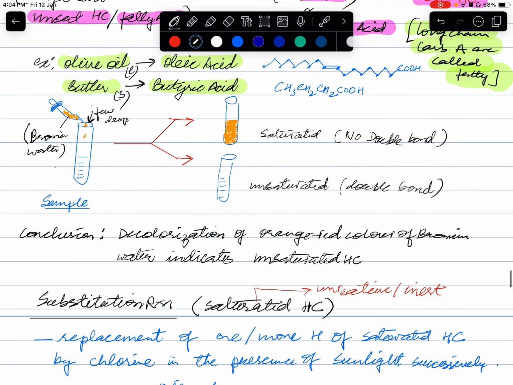If it is an unsaturated hydrocarbon, for example this compound CH2 double bond CH2, it will react with bromine. The double bond will break, and we will be getting CH2, then a single bond, CH2, and one atom of bromine is added on one carbon, and the second atom of bromine is added on the second carbon.